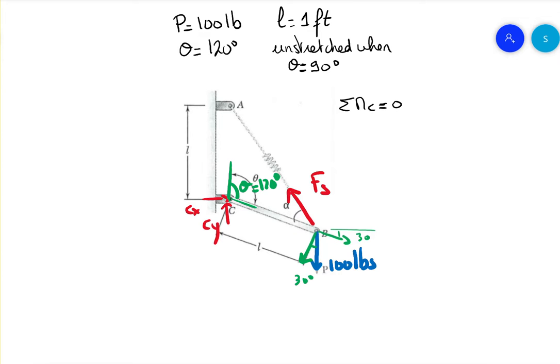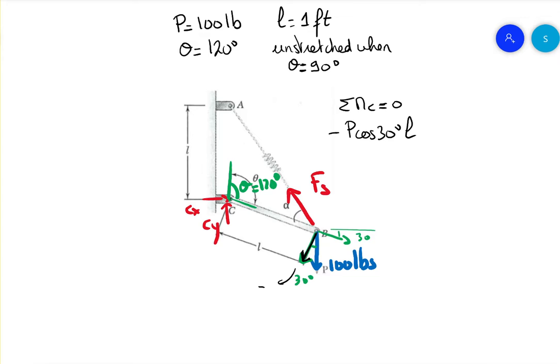Okay, so for the moment about C, if we look at just the component of P, this one, that tends to rotate in the negative direction. We have P cosine 30, so just this component times the distance L, and it's rotating in the negative direction. Okay, so that's for the P.